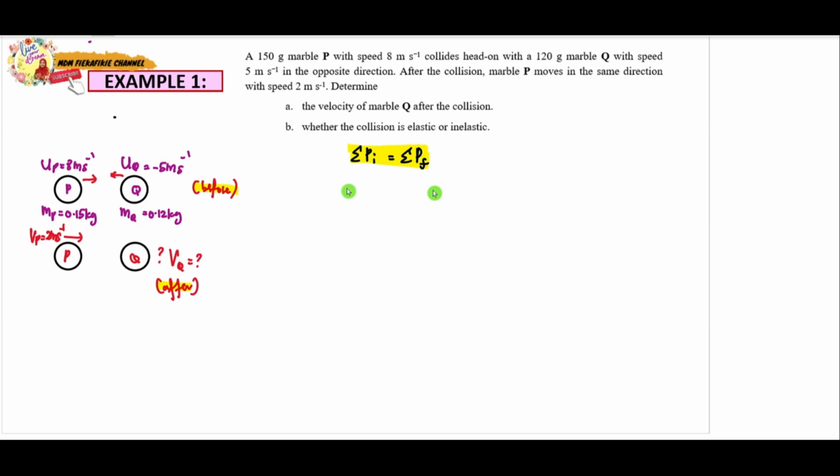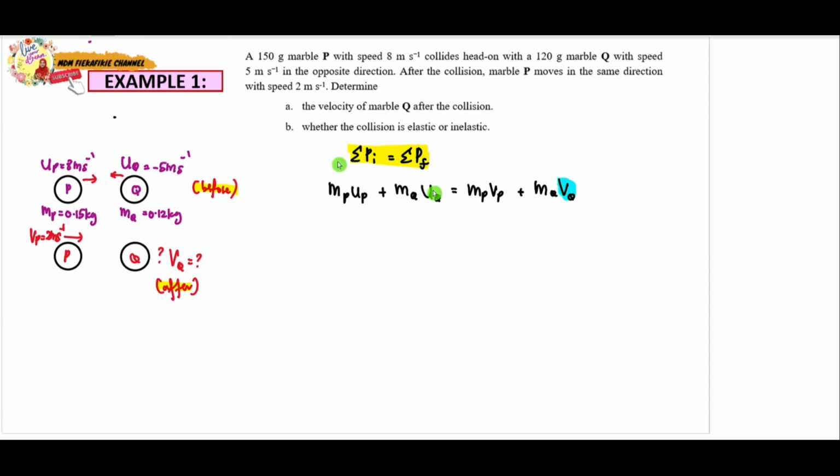So we have two objects, P and Q. So momentum for P, which is MP UP, plus initial momentum for Q, MQ UQ, and it's equal to final momentum, make sure mass darabkan dengan final velocity for P, VP, plus MQ VQ. Okay, so VQ ini yang kita nak cari, kita tak tahu berapa.